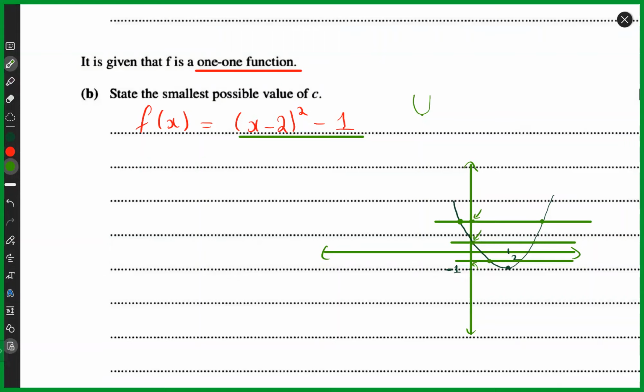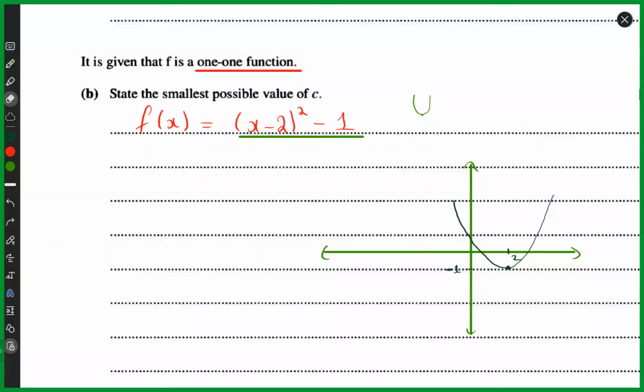So in order to have this as a one-to-one function, I need to restrict the domain. Okay, now I have two ways. I'll just erase. I hope that this part is clear with all of you, that this certainly is not a one-to-one function at this point, because when we are making a horizontal line, the line is touching the graph at more than 1 point.